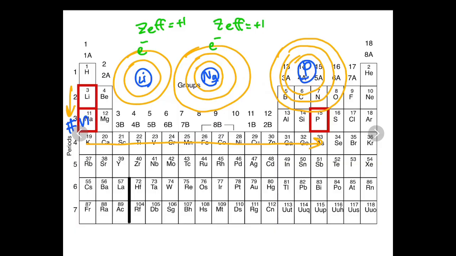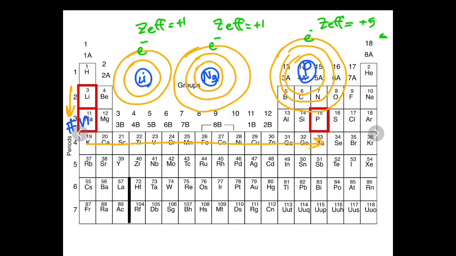But you can look at the effective nuclear charge of the outer electron. The effective nuclear charge for phosphorus, which we just calculated, is +5. Comparing top to bottom, you can use the energy level. It's clear that this one is smaller and this is bigger because it contains 2 energy shells.